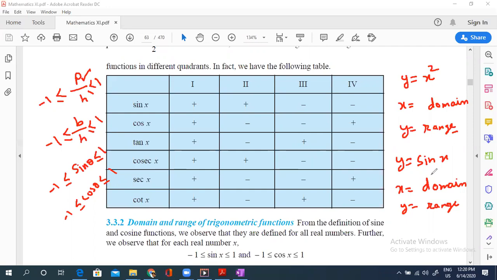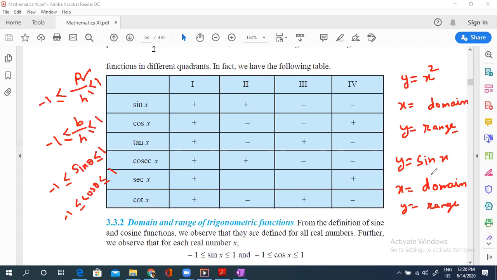Fruits, right? Fruits, vegetables and all. And what do you get outside? You get juice or mixed fruits and all those things. So I can say that fruits and vegetables are your input, the independent variable or domain. Okay. And juice is your output.